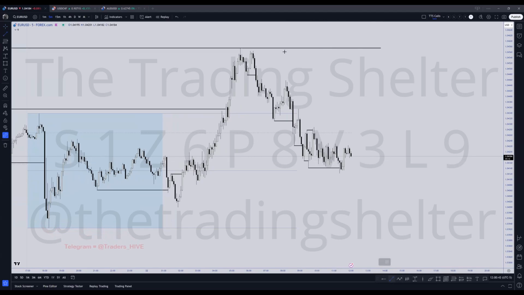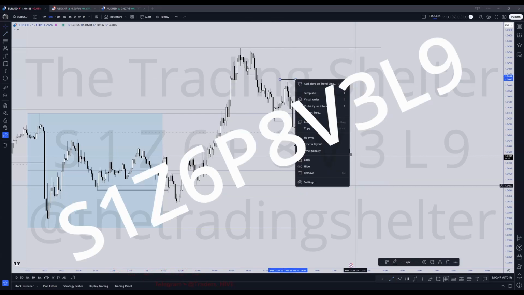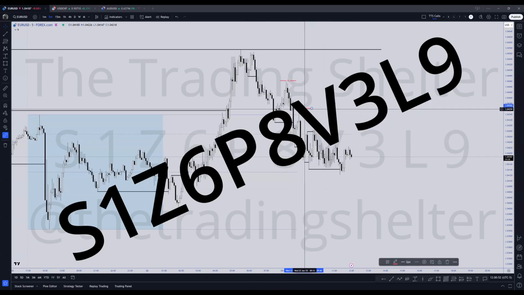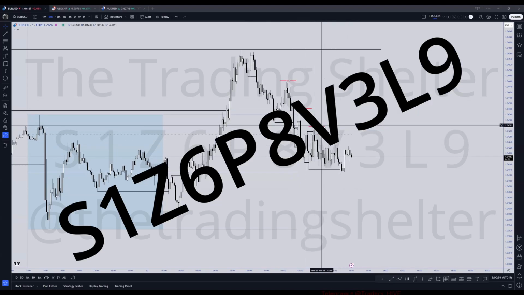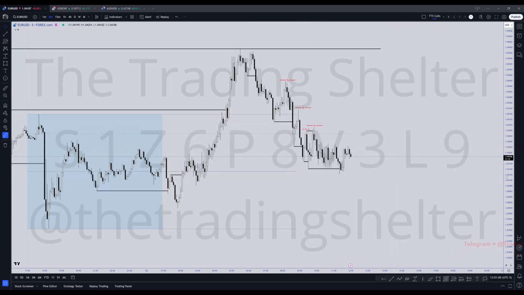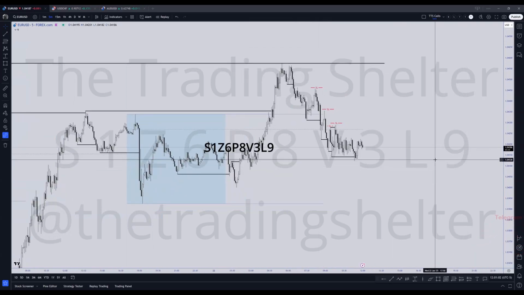And the whole purpose of this, right, is to simply build sell side liquidity to be targeted later on, right? Here, right? I think that makes sense.